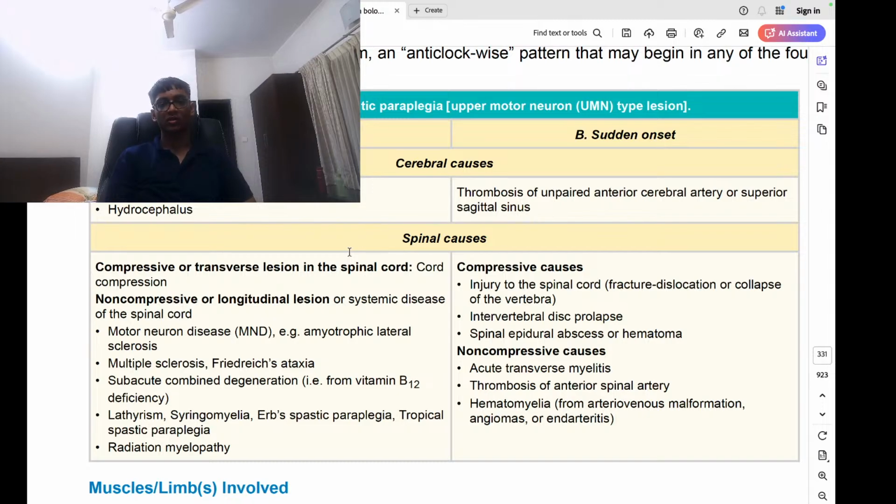All of these are non-compressive longitudinal lesions or systemic disease of the spinal cord.